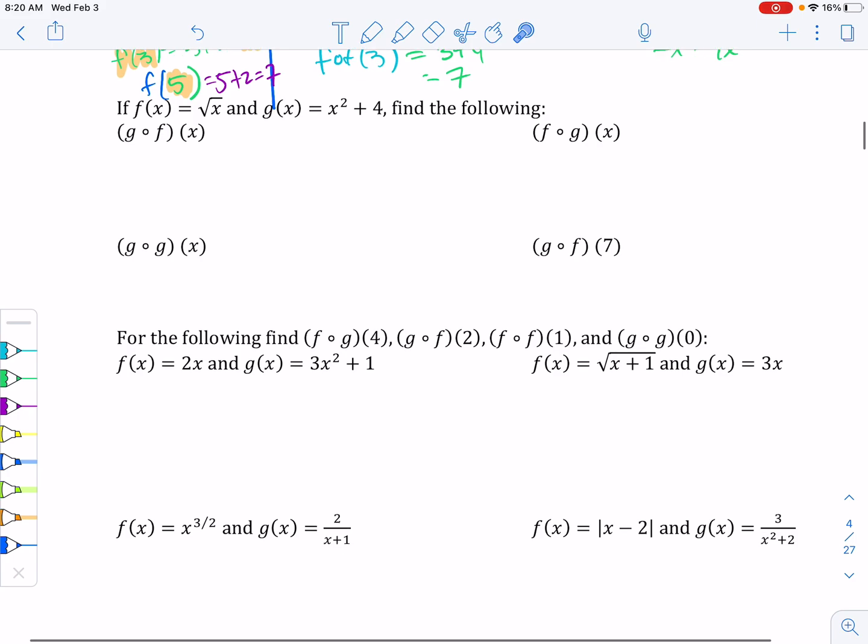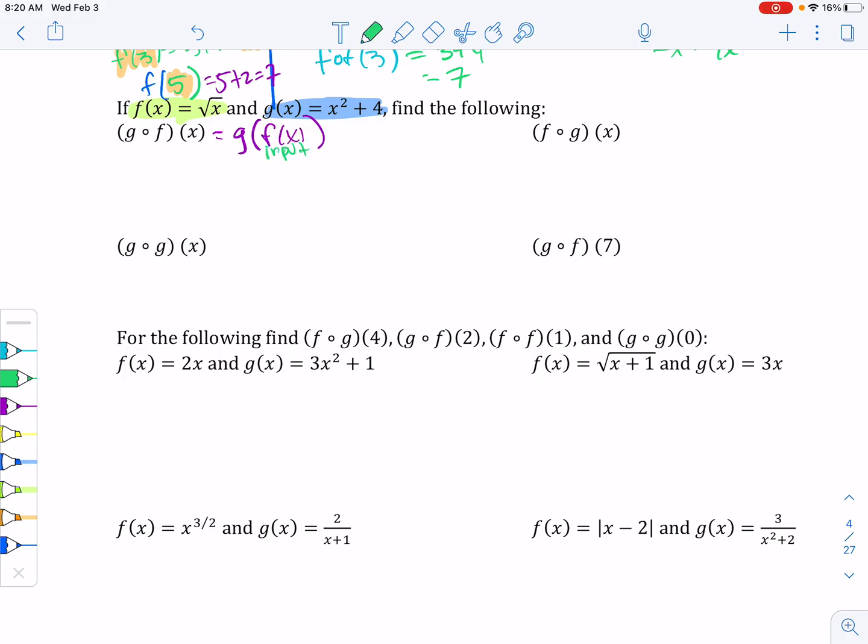So if we do g of f of x, we'll do f of x in green and g of x in blue again. What I'm going to do is rewrite this as g of f of x like this, so I can see that the f of x is the input.